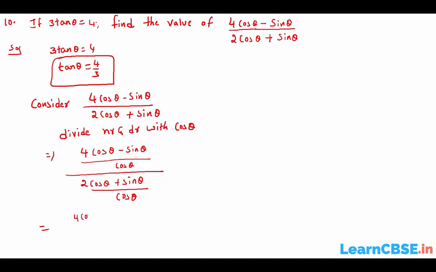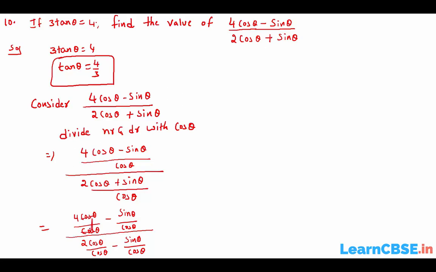Four cos theta divided by cos theta minus sin theta divided by cos theta, whole divided by 2 cos theta divided by cos theta minus sin theta divided by cos theta. Now here cos and cos get cancelled.